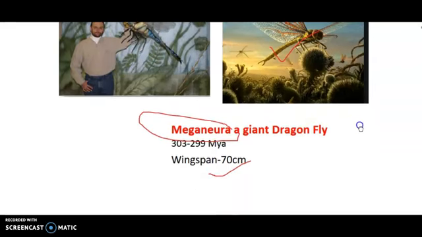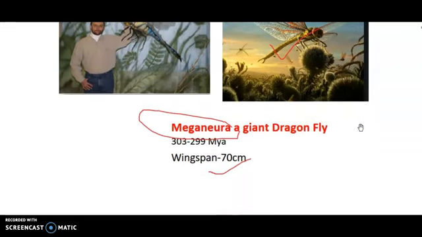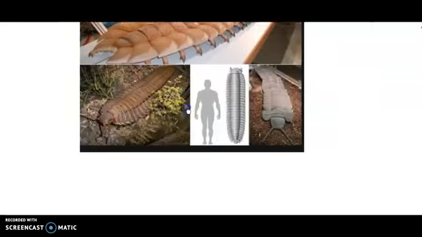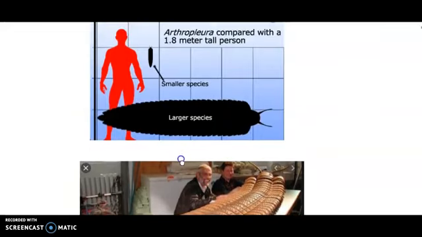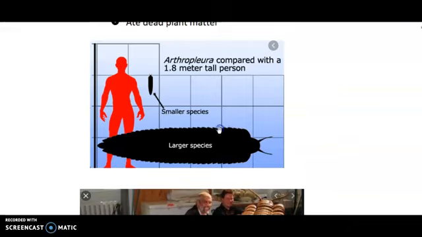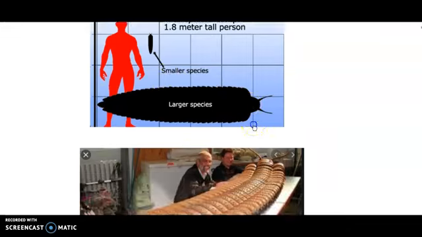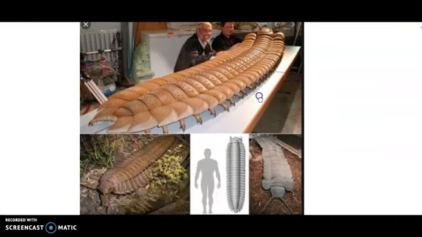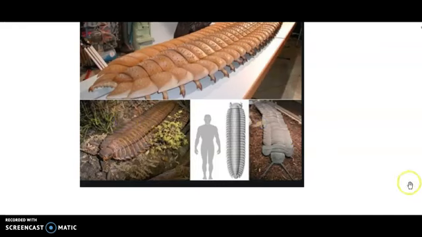A classic example of what a high level of oxygen could do to an insect. Now this is Arthropleura, one of the largest terrestrial arthropods. It was almost 9 feet in length and was probably a herbivore. So it was very terrifying.